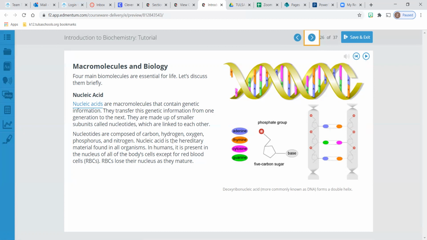Nucleic acid is the hereditary material found in all organisms. In humans, it is present in the nucleus of all the body's cells except for red blood cells, which we'll label as RBCs, because they actually lose their nucleus as they mature.